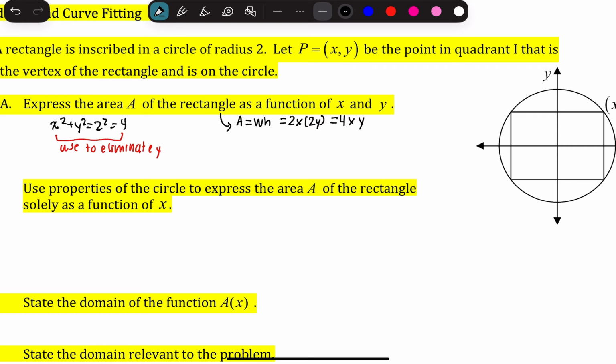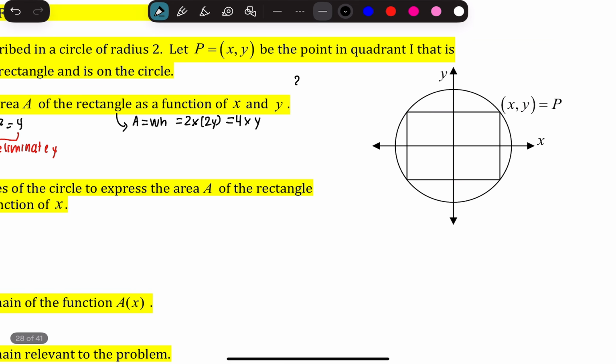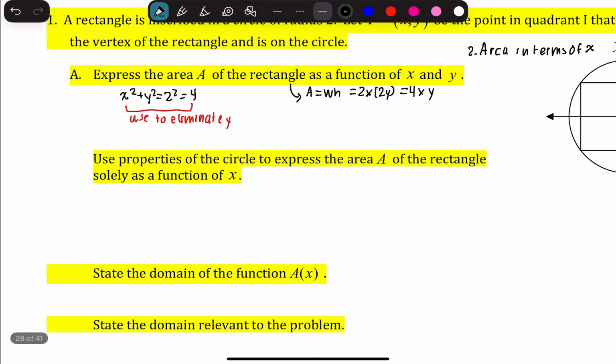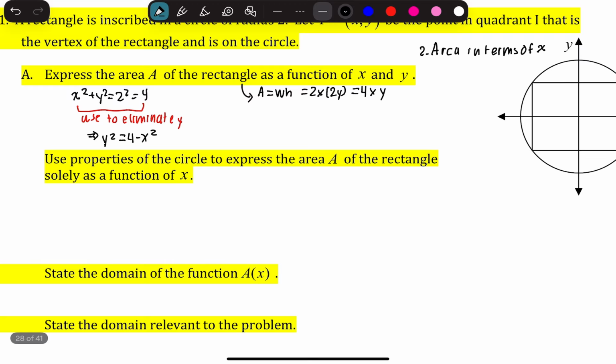Okay, great. So now we want to get the area in terms of x only. From the circle equation, we can rearrange this to y squared is equal to 4 minus x squared by just subtracting x squared.